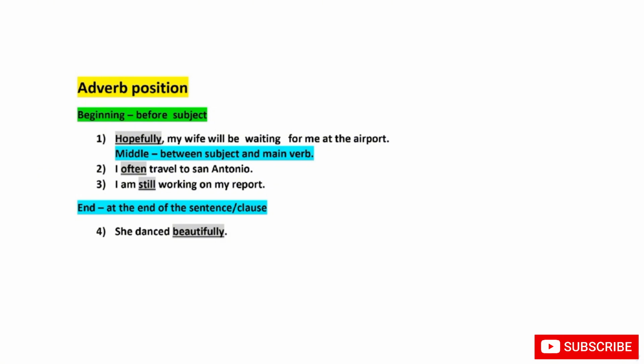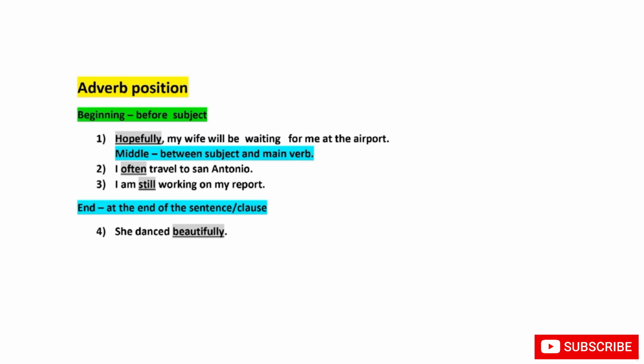Look at these examples. In the first example, hopefully my wife will be waiting for me at the airport. The adverb is hopefully. It shows my opinion or how I feel, I hope, and it is in the beginning or initial position. This means that the adverb is at the start of the sentence or clause or before the subject. In the next two examples, the adverb is in the middle position, that is between the subject and the main verb.